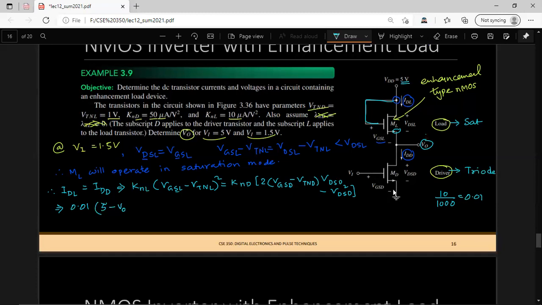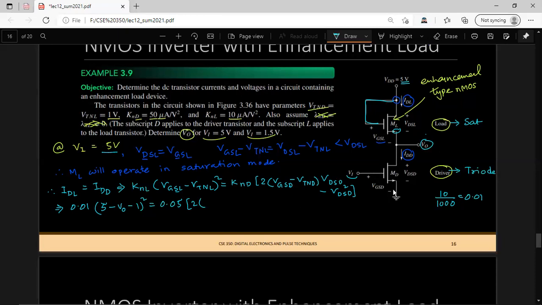Okay, so now VTNL and VTND, both of these threshold voltages are the same, so this is 1. Now KND should be 50 microampere, therefore this is 0.05 milliampere per volt square, times 2 times gate source. Now the gate voltage here is, oh sorry, this should be 5.